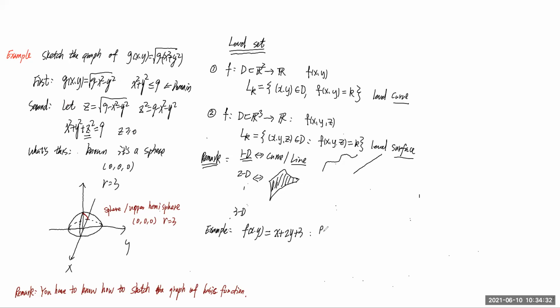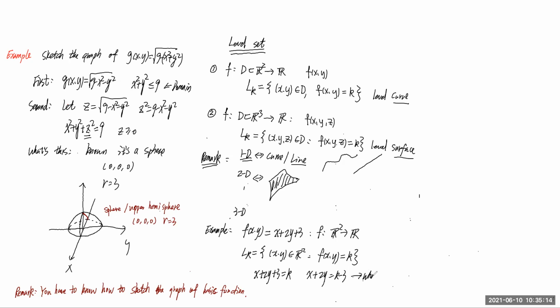This function is from R2 to R. Now let's consider L_k, the set of x, y in R2 such that f of x, y is k, right? Let's plug in this function. We get x plus 2y minus 3 equals k, and then we get x plus 2y equals k plus 3.